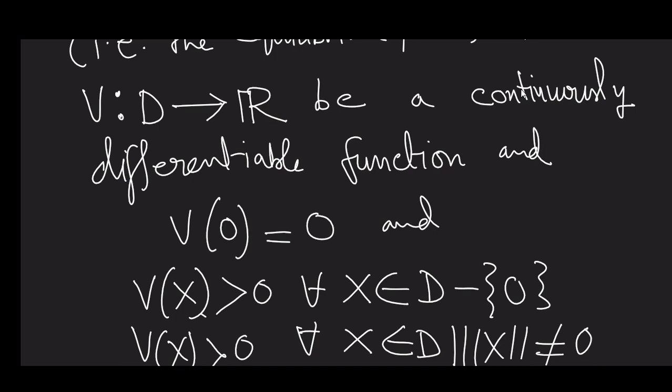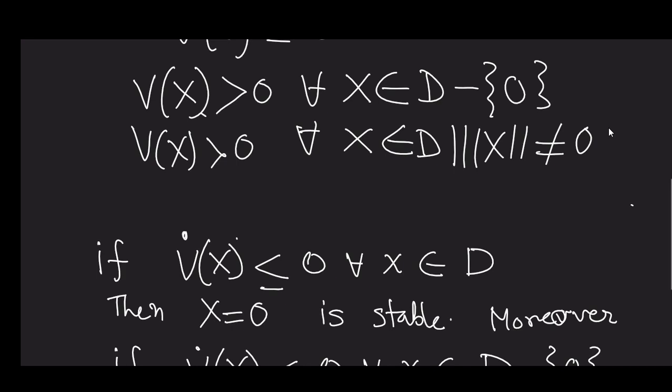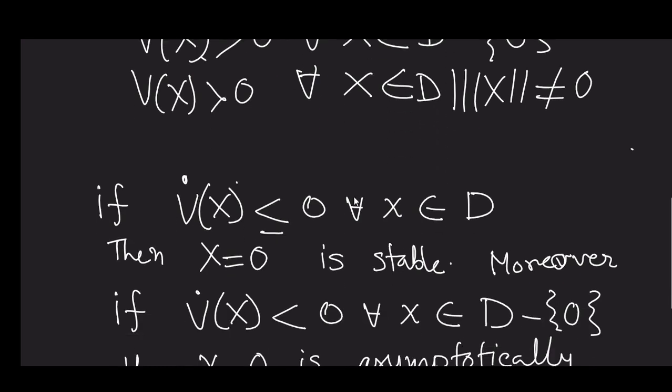But the very basic essence of this statement is that V is a continuously differentiable function. Now V(0) is equal to 0, V(x) greater than 0 for all x other than 0, these are the two identical statements as I have discussed.